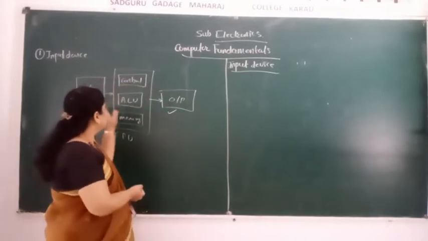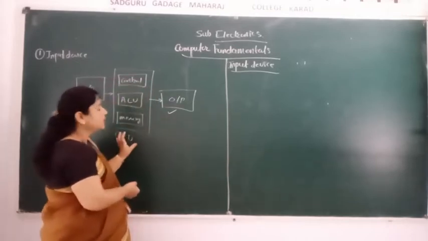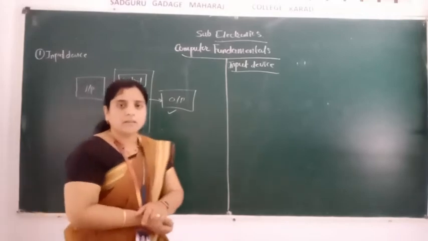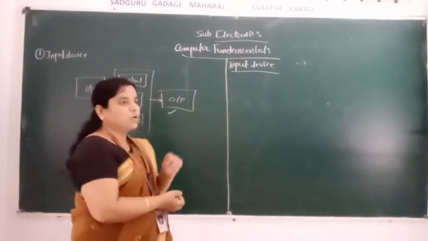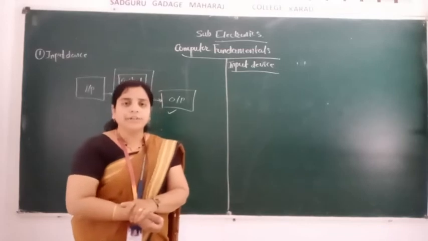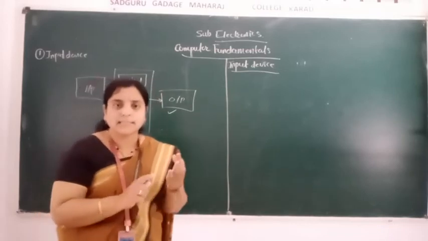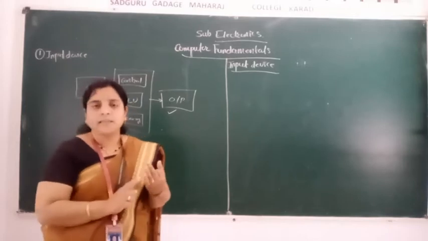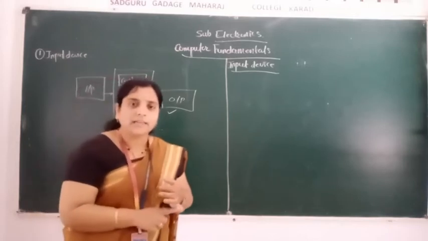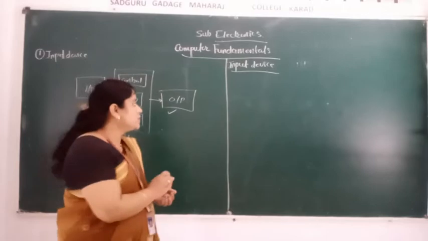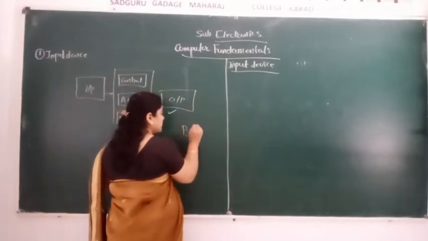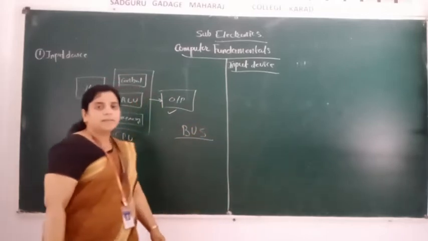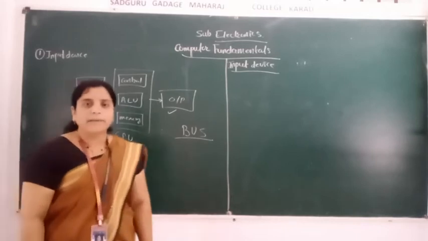Between the input and output devices, in the center, there are so many blocks. There is a control unit. There are three types of buses: address bus, data bus and control bus. First of all, you tell me what is a bus. It is not the PMT bus.